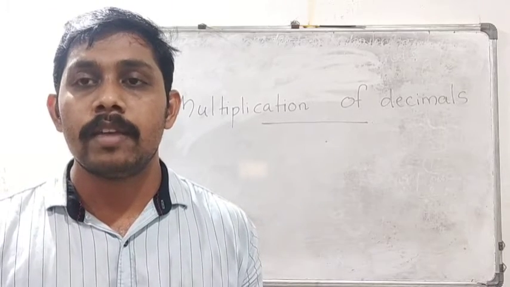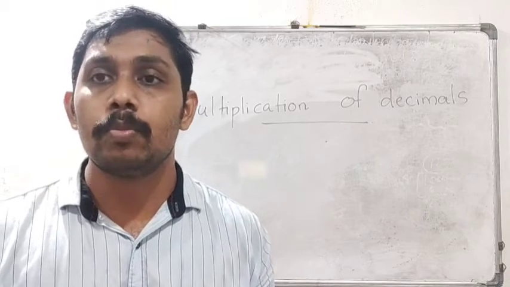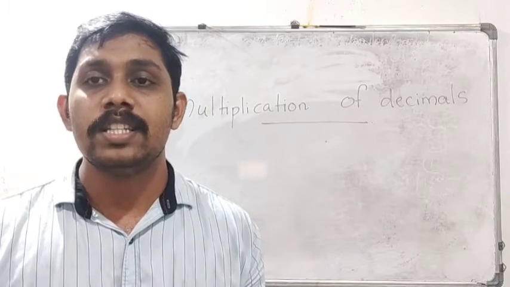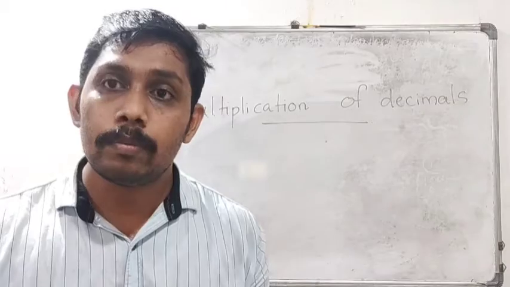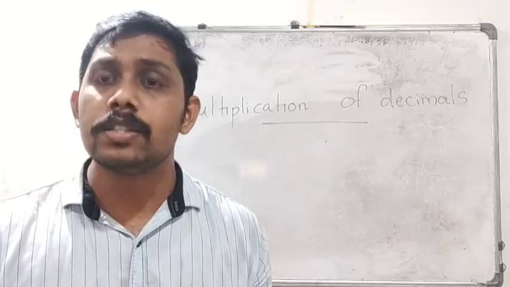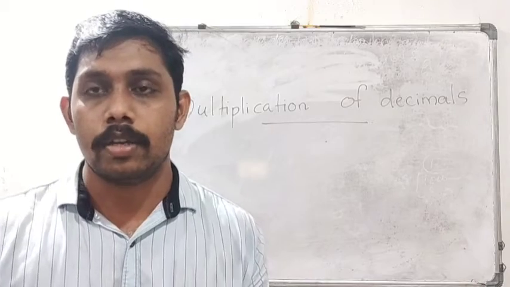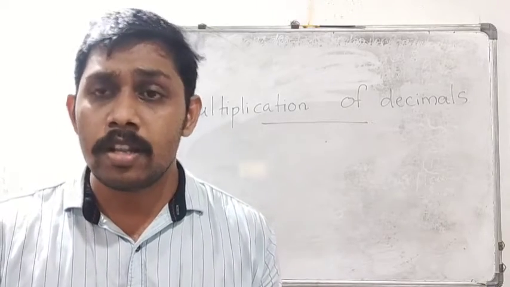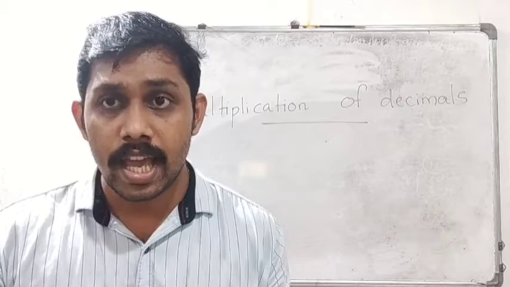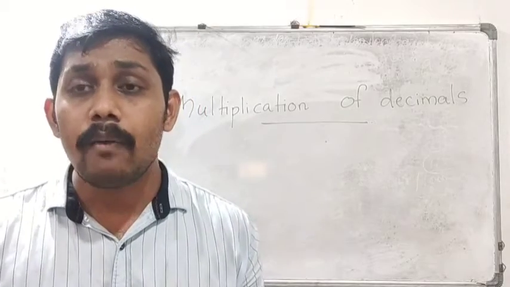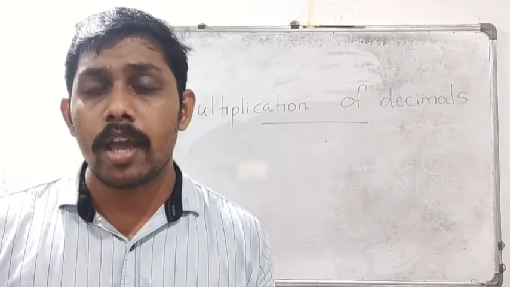If you are multiplying 5 with 2.3, just multiply without the decimal. That means 23 into 5. 2.3 has one decimal place, so there is no need to put the decimal now, just multiply 23 into 5. Then we have only one decimal place.